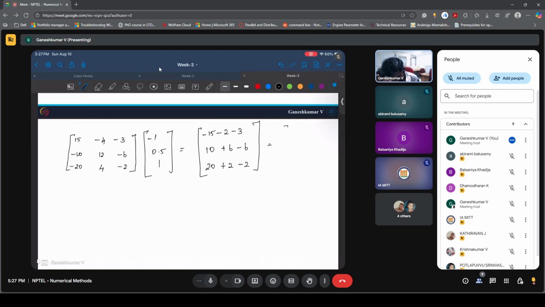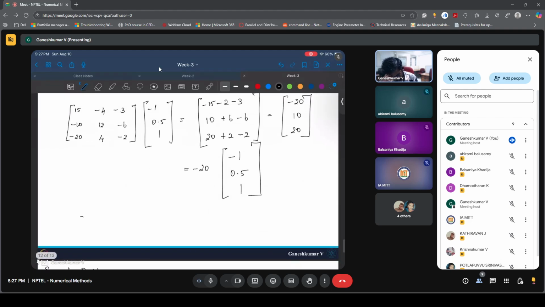So this comes out to be minus 20, 10, 20. Okay, and then this becomes 20 minus, let's say minus 20 if you take outside. Then this becomes minus 1.51.